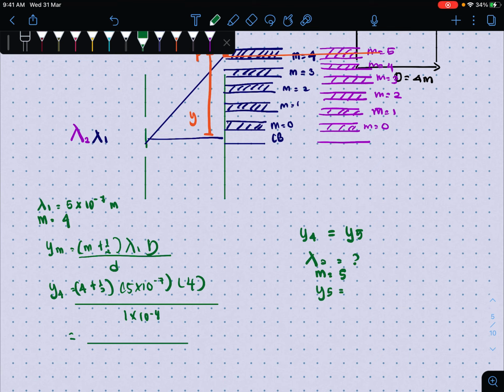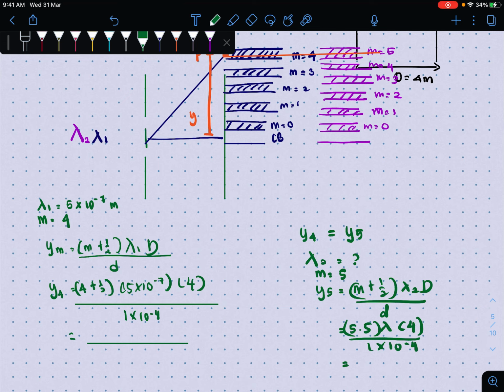So Y5 is equals to (m plus half) lambda 2 D over d kecil, 5.5 lambda 2 times 4 over 1 times 10 to the power negative 4 equals to, you get 220,000 lambda 2 here, which is equals to your Y4 sebenarnya.